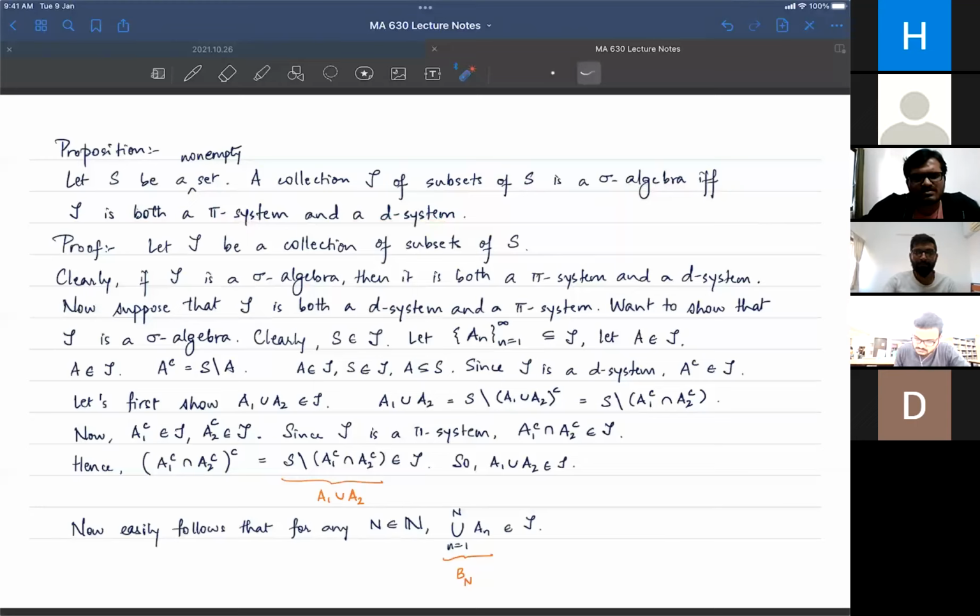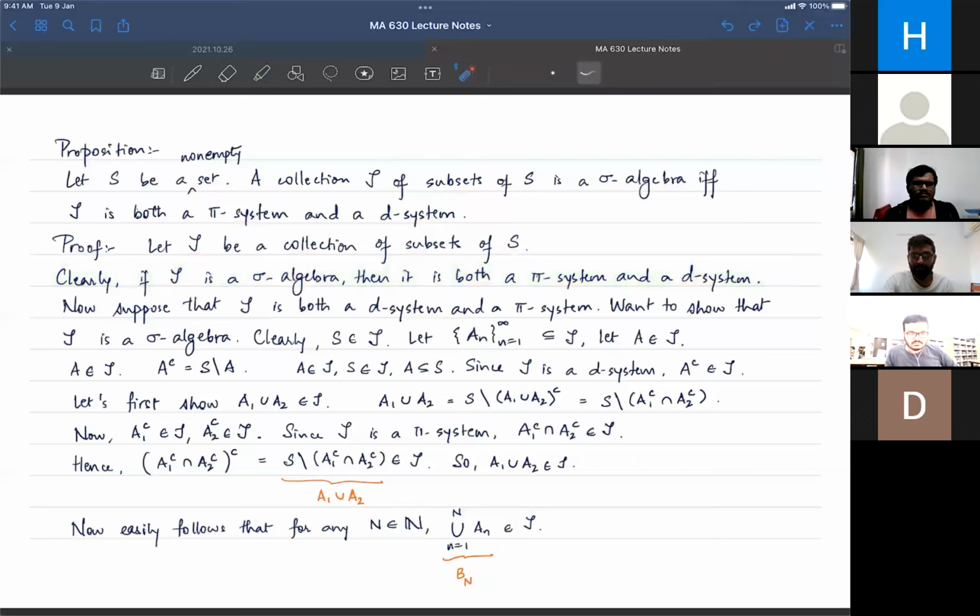We already did that on the previous page. Let script S be a collection of subsets of S. Clearly, if script S is a sigma algebra, then it is both a pi system and a D system. We know the answer is true. So far, so good.